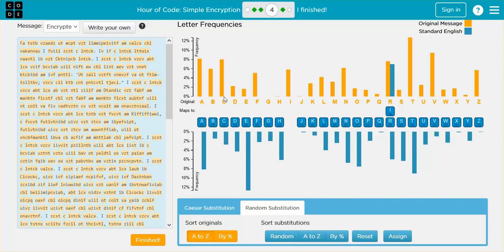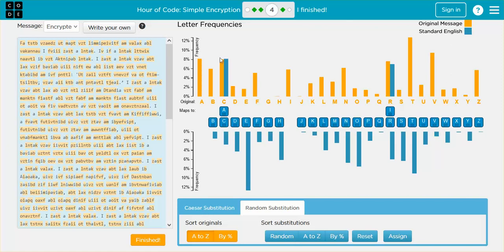And then I think the C represents A. And you'll notice as I did that the bars match up with what I would expect. So how often an A occurs in my message is comparable with how often the letter A occurs in standard English.